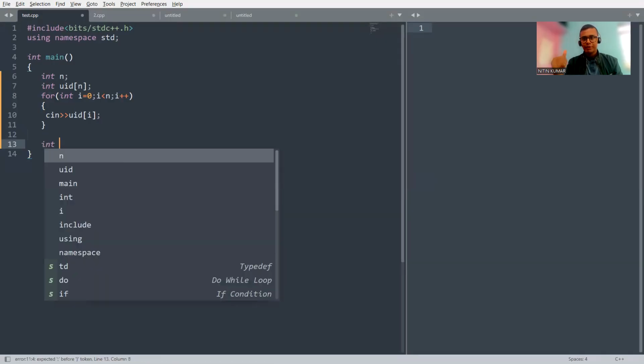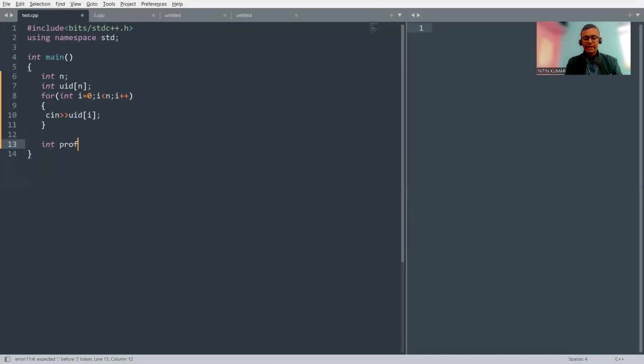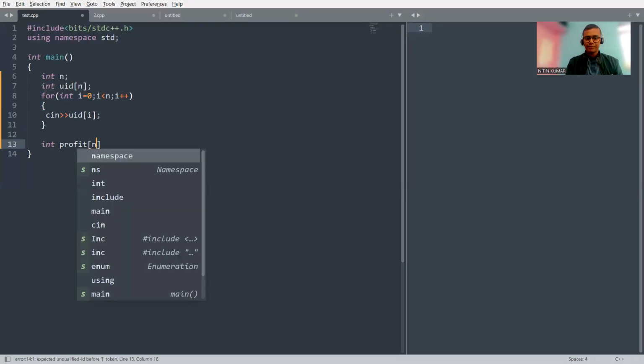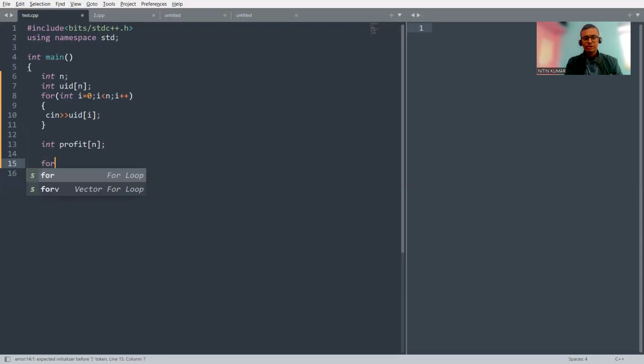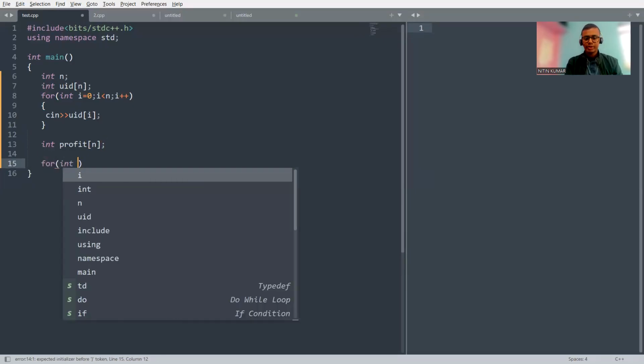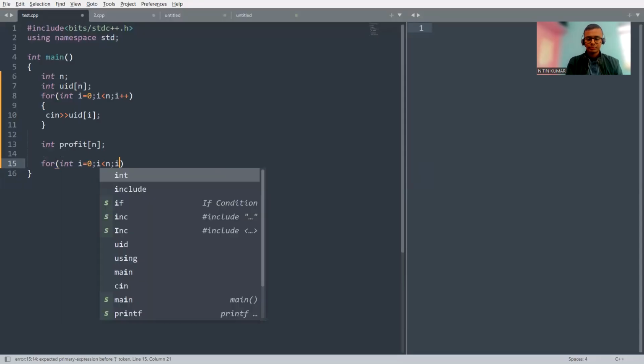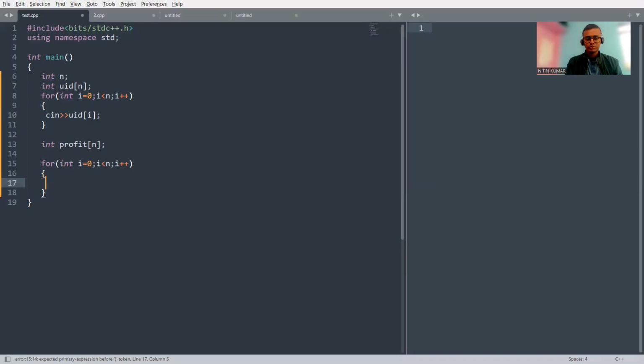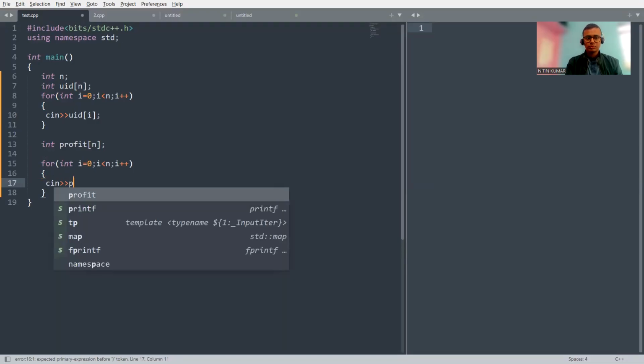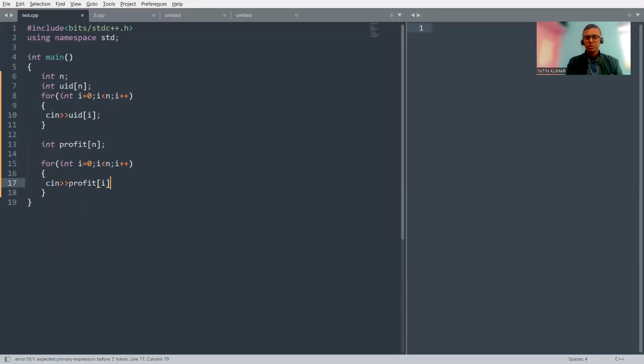Now, the profit array also will be taken as input, so profit of n, and it is also taken as input in the same way. After taking everything as input, now we have to write the logic for that.